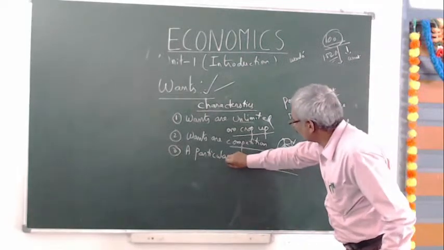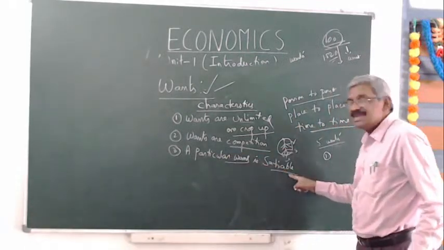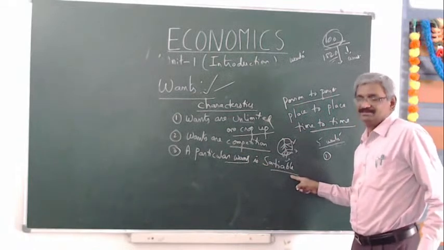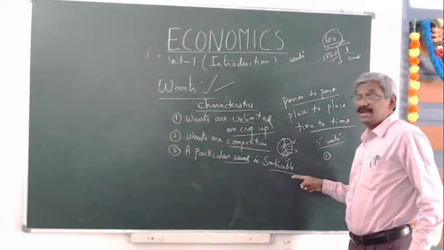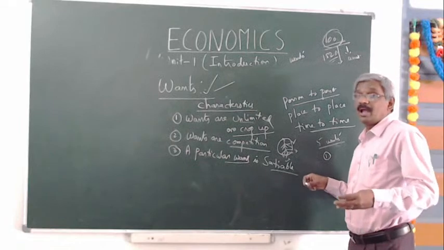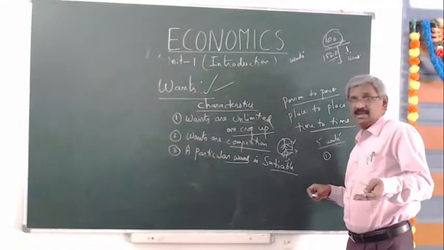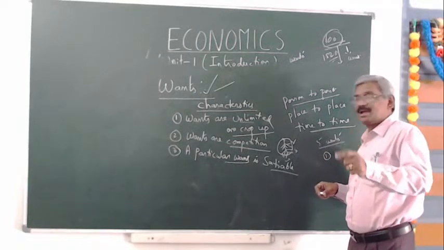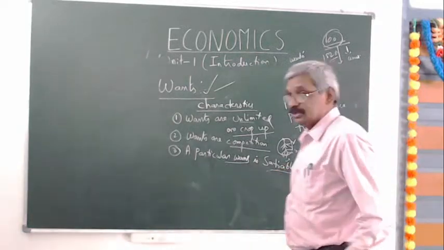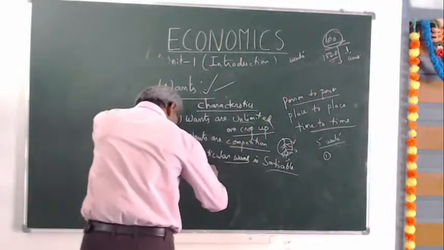A particular want, thirst or hunger or any want, can be satisfied. So that is the third characteristic.